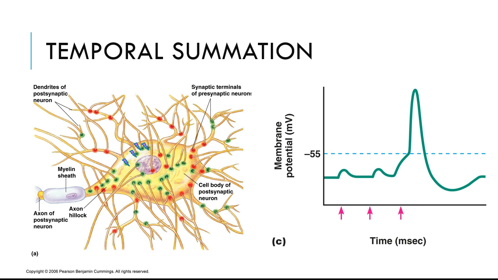So temporal summation, how many presynaptic inputs? One. One presynaptic cell releasing a neurotransmitter that would be considered to be what? I mean, what type of effect on the target? Excitatory. So one presynaptic cell releasing excitatory neurotransmitter how?